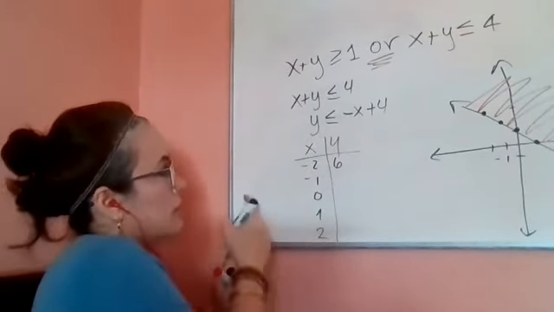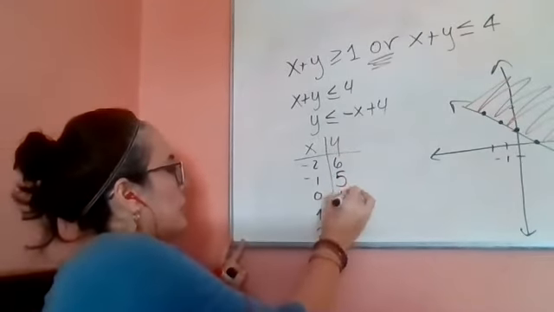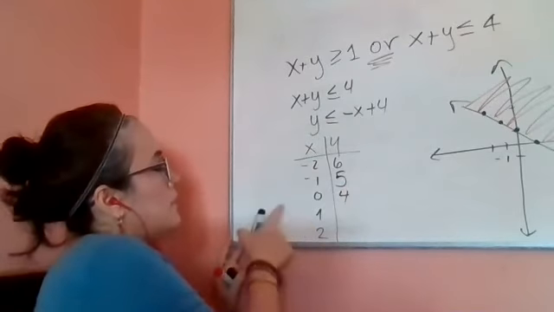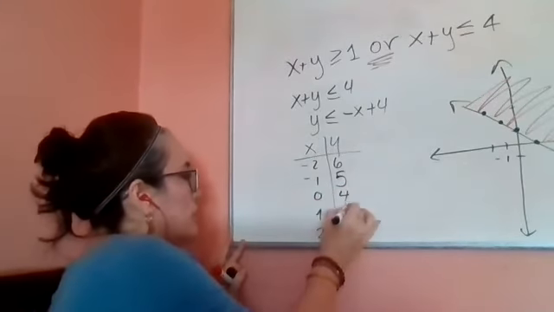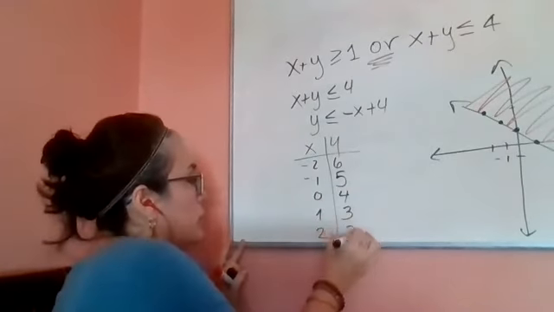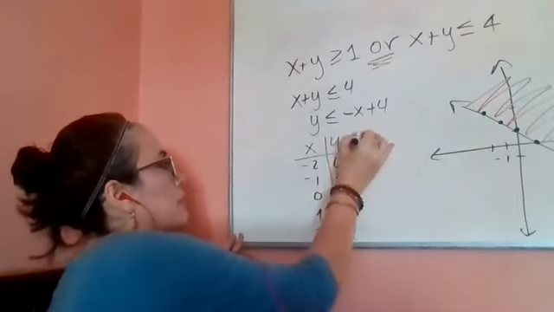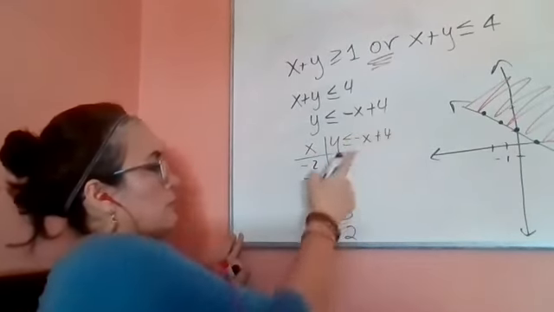Negative and negative becomes positive again, 5. 0 is going to be 4. 1 minus 1 plus 4 is going to be 3. And -2 plus 4 is going to be 2. I have the values over there. I got them from here. Remember, -x plus 4. I just replaced them.